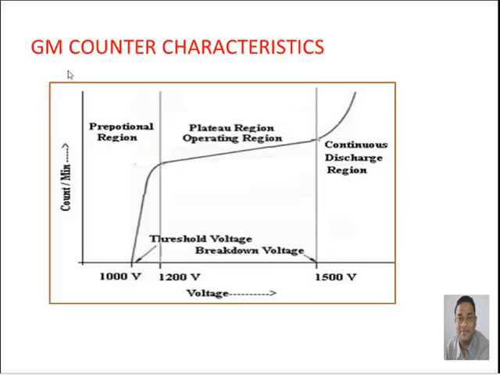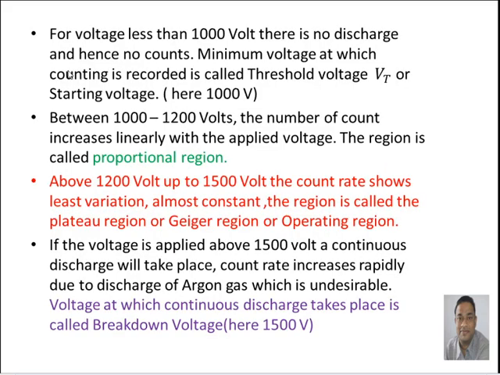Now in this particular figure we see that up to 1000 volts the count has not begun. Up to 1000 volts there is no count. Why is there no count? Because there is no ionization. Up to 1000 volts there is no discharge, and hence the count recorded is 0.